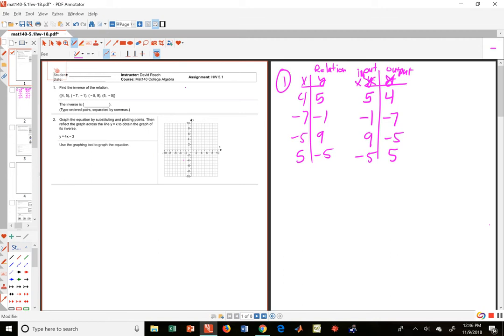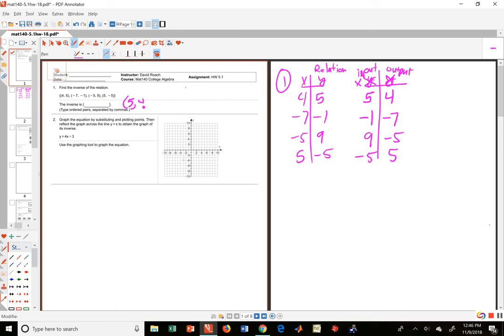Now, to write that down as ordered pairs, you just reverse the ordered pairs. It says type ordered pairs. Oh, the braces are already there, so don't put the braces; they're on both ends. They just want the ordered pairs.